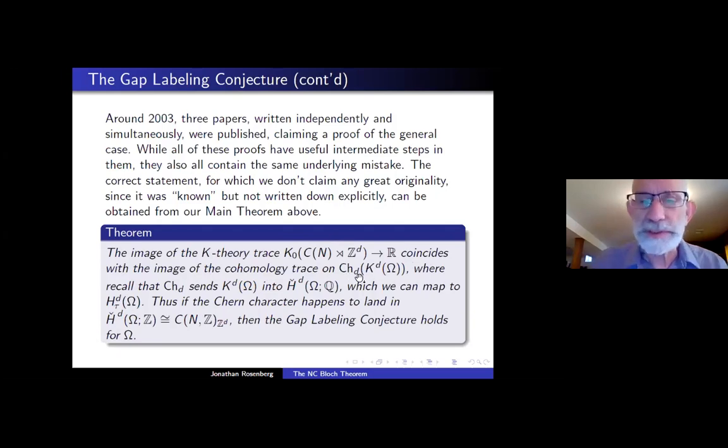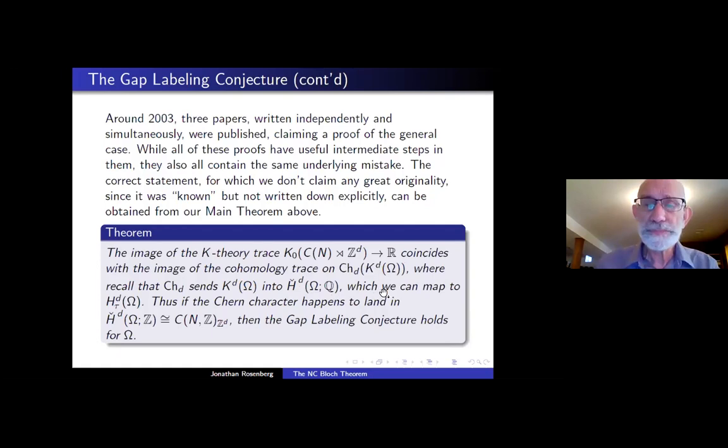Now, this is a kind of a subtle thing because the Chern character, after you tensor with the rationals, is an isomorphism between K-theory and rational cohomology. But if you look at the Chern character on integral K-theory, it doesn't usually go into integral cohomology. It goes somewhere into the rational cohomology, and it lands on some lattice inside this thing. And it's not always clear what lattice that is.